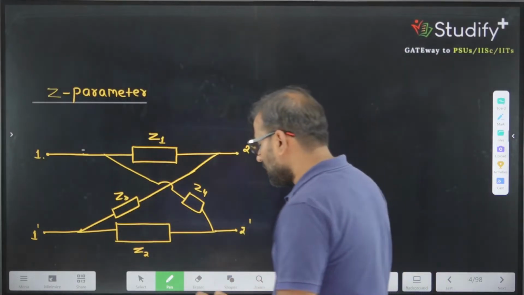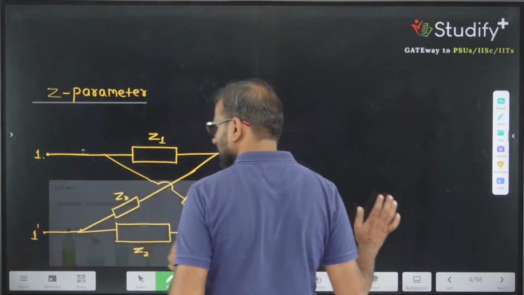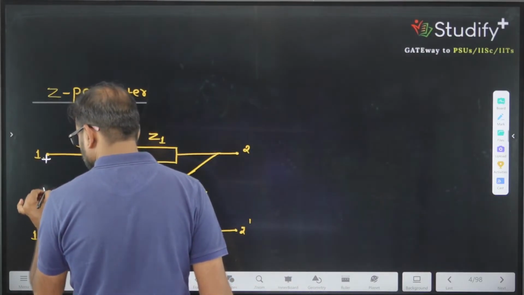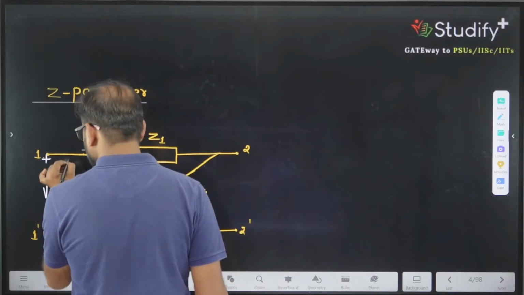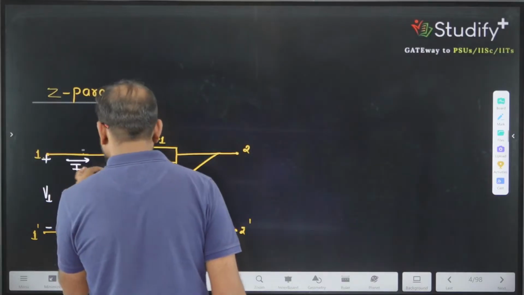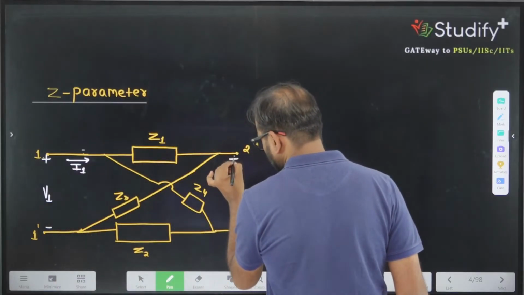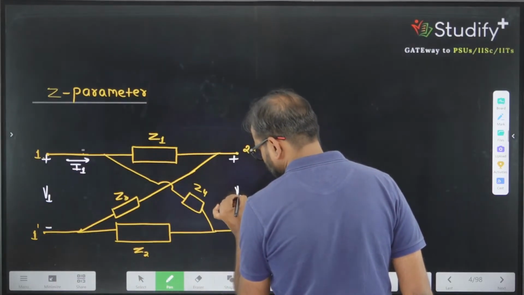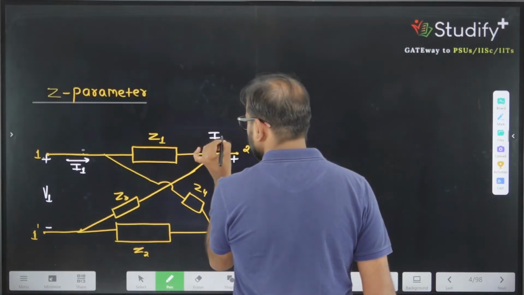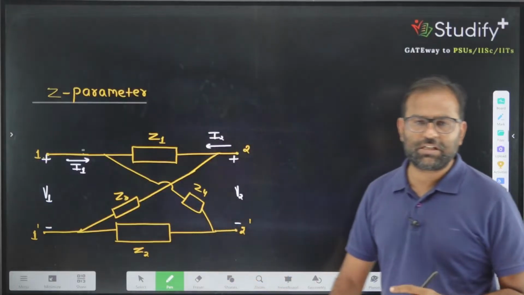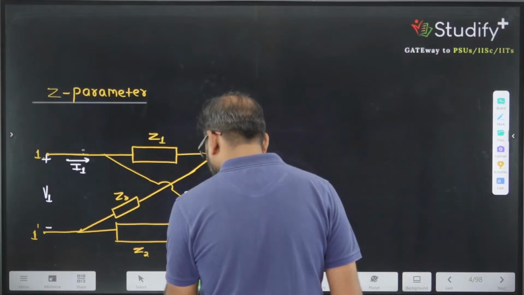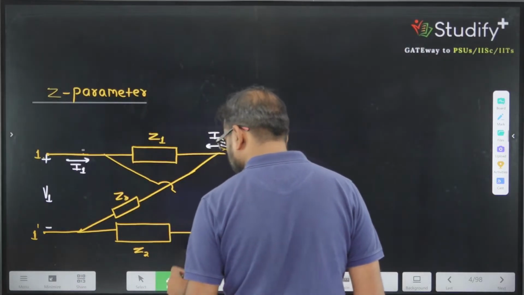This voltage is V1, this is I1, this is V2, and this current is I2. This is the setup in which we are interested in calculating the Z parameter.